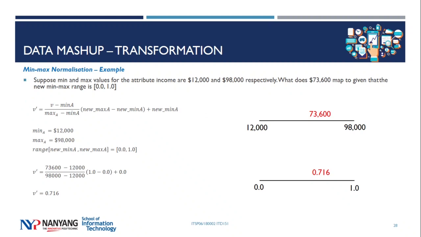Based on the formula shown over here, 73,600 corresponds to 0.716 on the new min-max range 0 to 1. So instead of using 73,600, we can use the normalized value 0.716 for analysis.